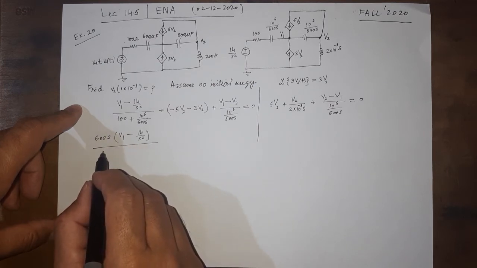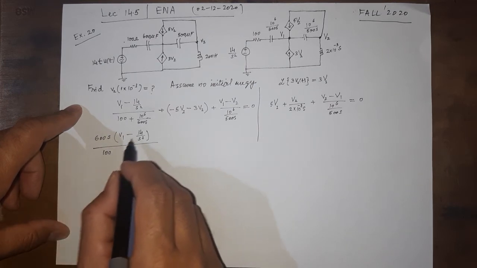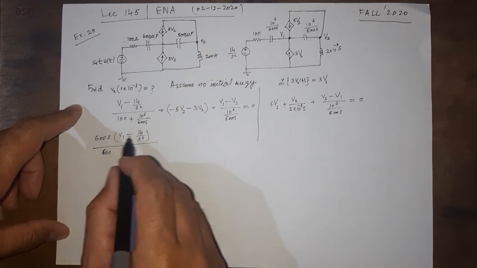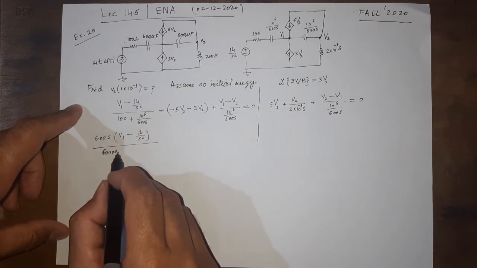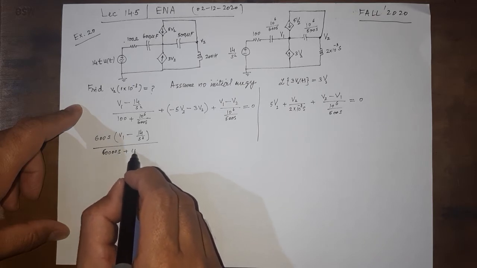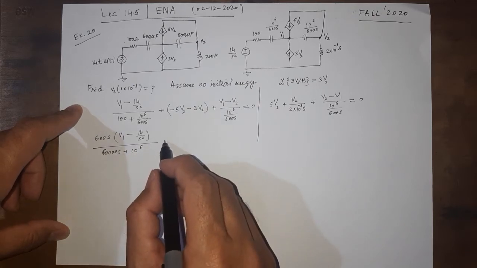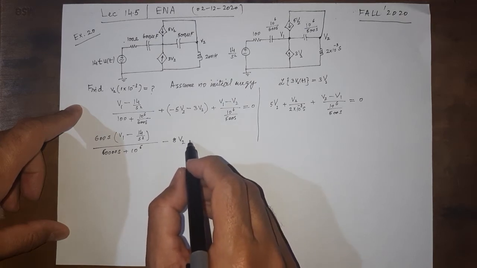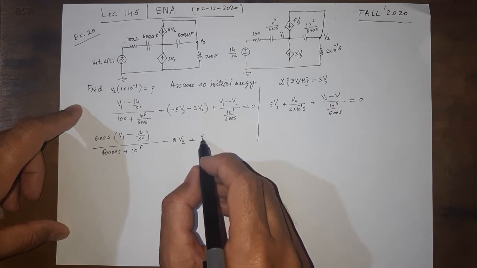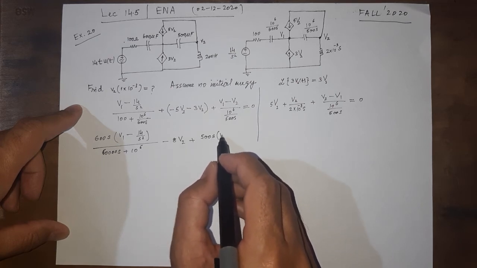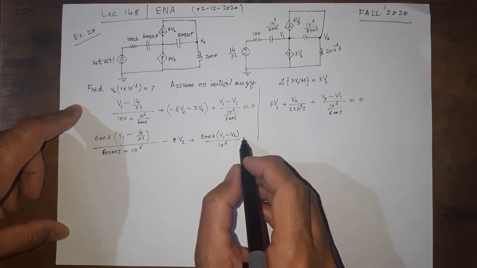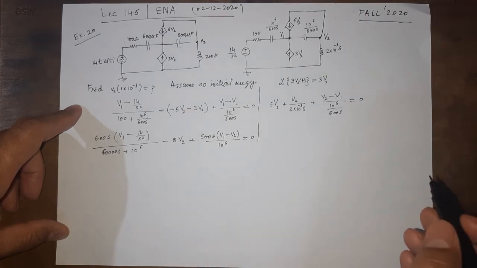over 1000, in fact 60,000 s plus 10 raised to 6, plus minus 8 V2, plus 500s times V1 minus V2 over 10 raised to 6, is equal to 0.